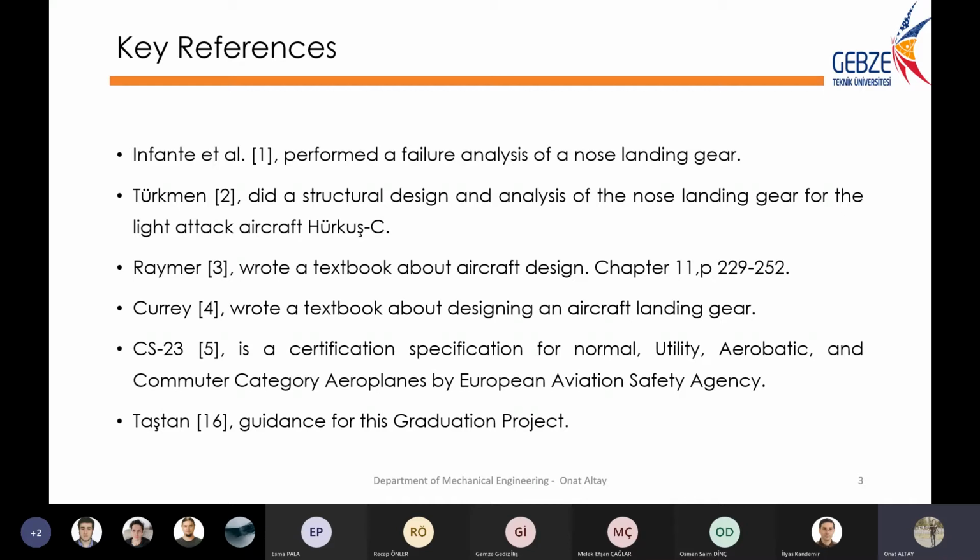And there is also CS-23, which is a certification standard that mentions safety factors and landing and ground loads for light aircraft. And Ahmet Ashtan from TAI's Technopark guided me for this project.